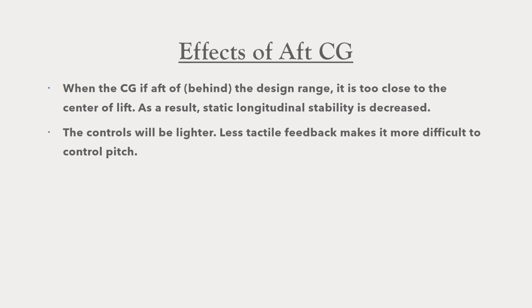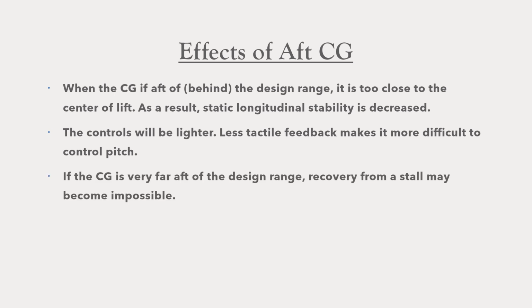The control forces tend to be lighter. When the control forces are too light, that lack of feedback through the controls tends to make it more difficult for the pilot to control pitch. In an extreme case where the center of gravity is way back of the design range, recovering from a stall condition may actually become impossible.